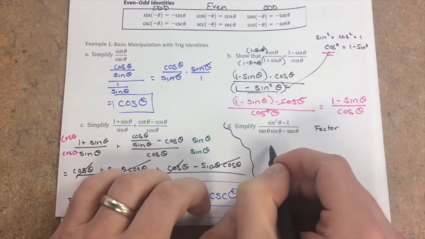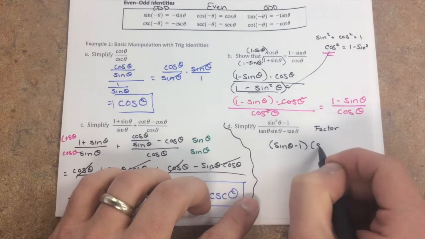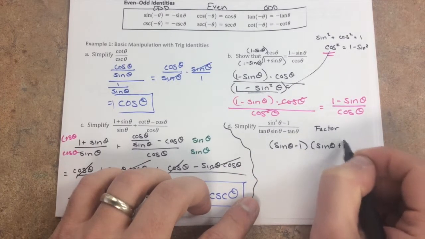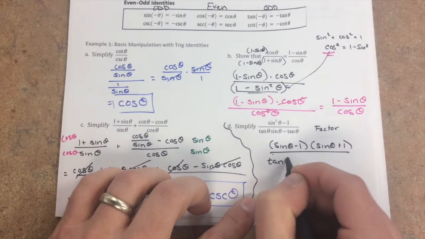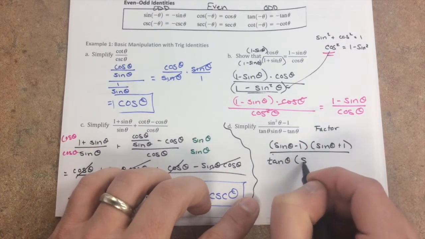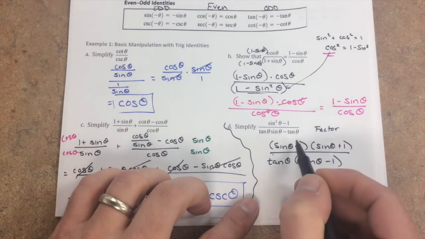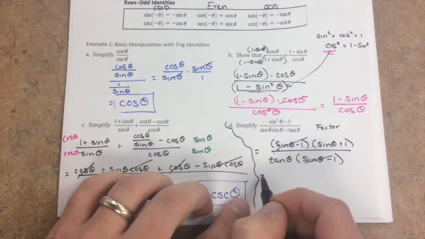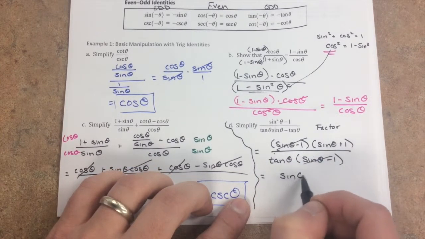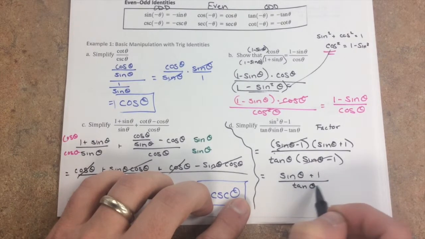So the top factors into sine theta minus 1, sine theta plus 1, all over GCF, which is tangent theta times sine theta minus 1. Well, now these cancel, which is really nice. So then I'm just left with sine theta plus 1 over tangent theta.